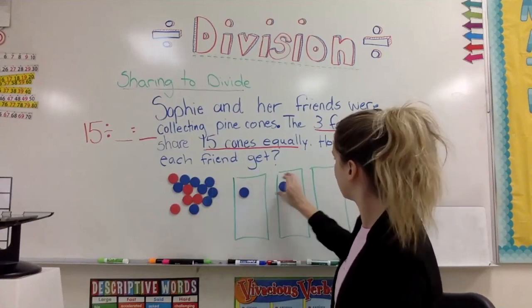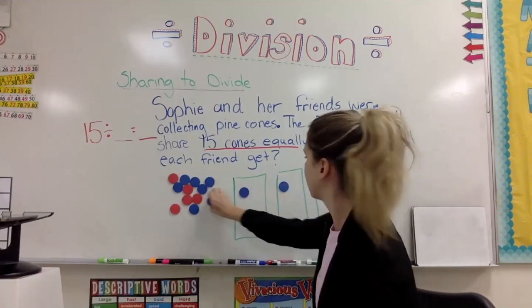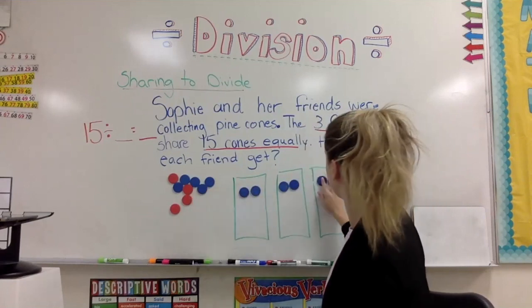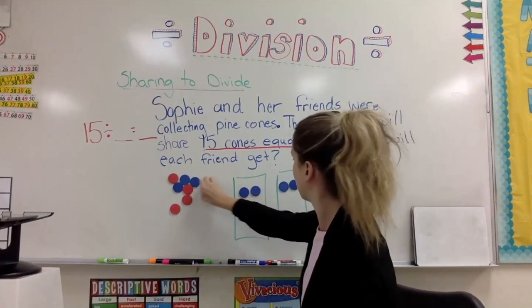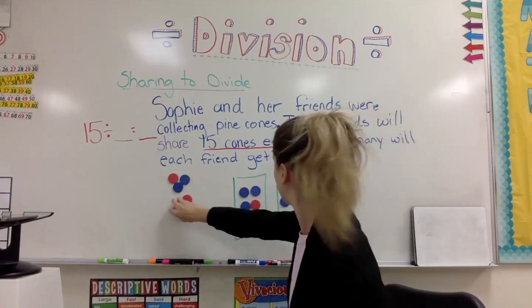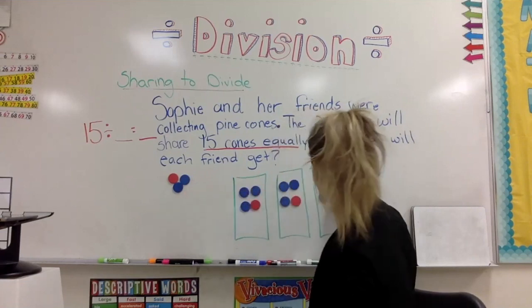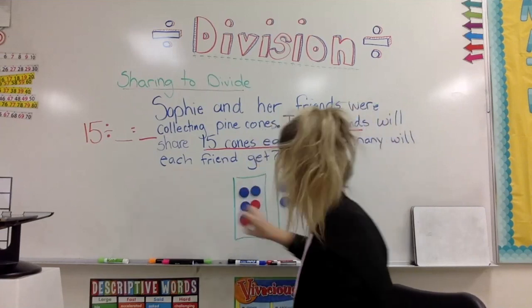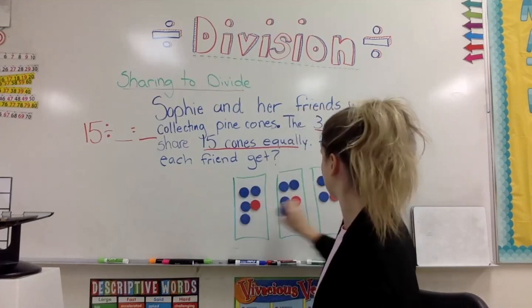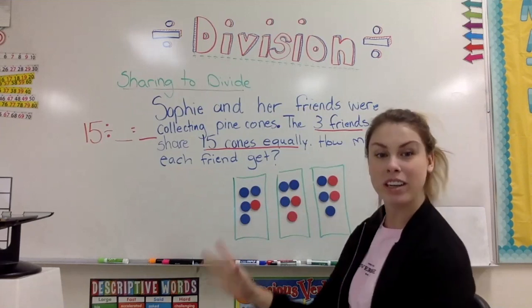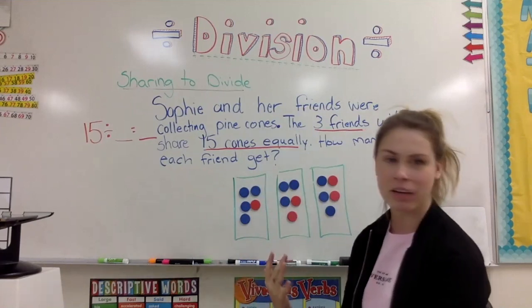One here, here, and here. Do you see how I missed that? Okay, so I did it one at a time. I even realized I made a mistake when I made it.